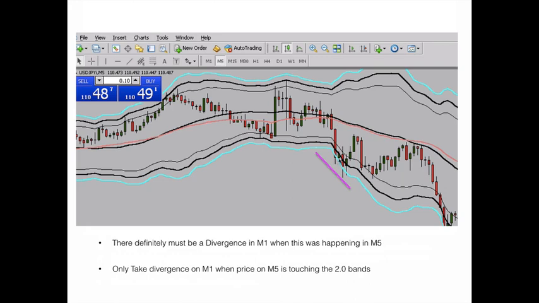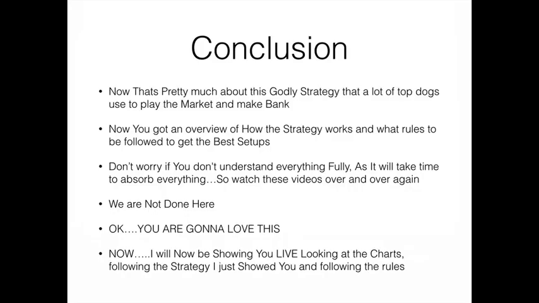M5 came down, so even in M1 it must have come down, went back up, and came down below, and made a divergence. So make sure the candle is touching 2.05 or 2 or 3.0 on M5 while you are trading M1. That is one rule you need to pay close attention to.